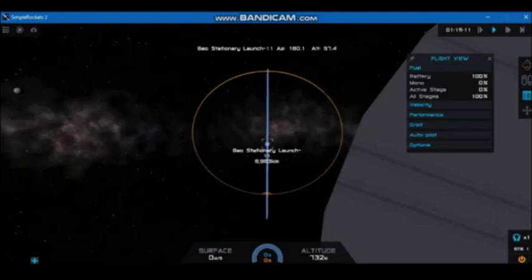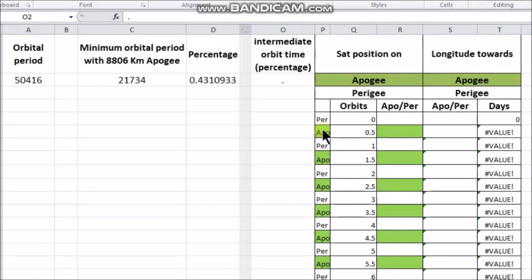Now, one thing left to say is about the 0.6. Where did I get that 0.6 of the intermediate orbit? So the 0.6 orbital period, how did I get it? I got it with the help of this spreadsheet.